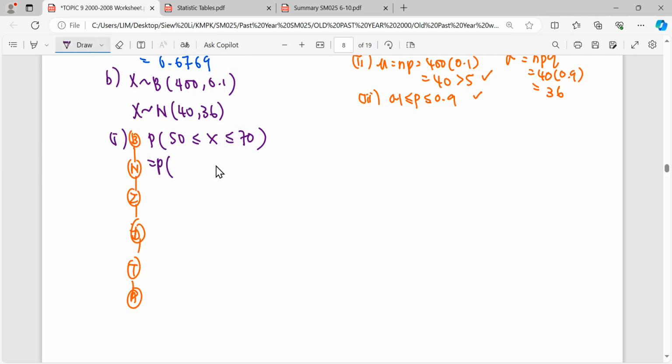So doing your continuity correction, 50 and 70 included, so you need to start from 49.5 until 70.5, then change it to Z, minus mean over standard deviation 6. Square root of 36 is 6.